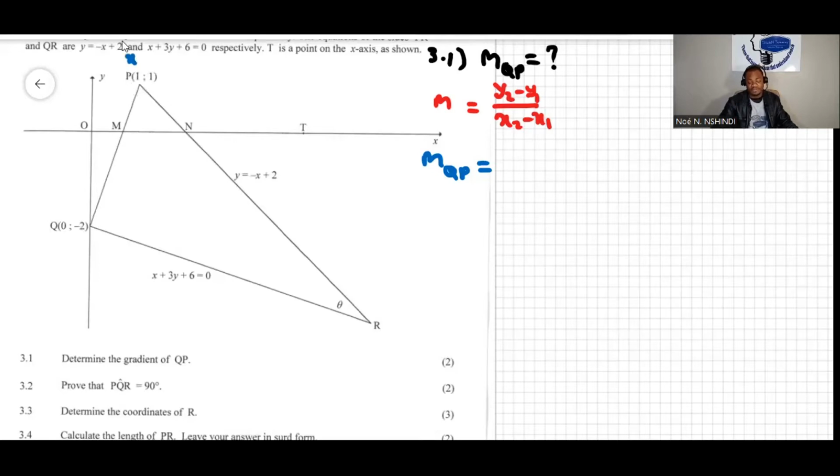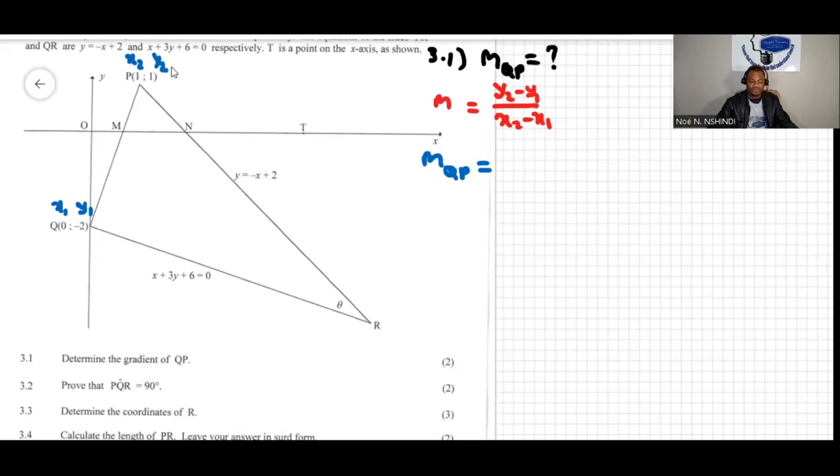I can call it x2, it doesn't matter which one, but I prefer to take this one for x2 and then y2, and then this is x1 and then y1. Now I cannot take x1 here and then y2 there. If this is the first point, it must be x1 and y1, and then the second point, x2 and y2.